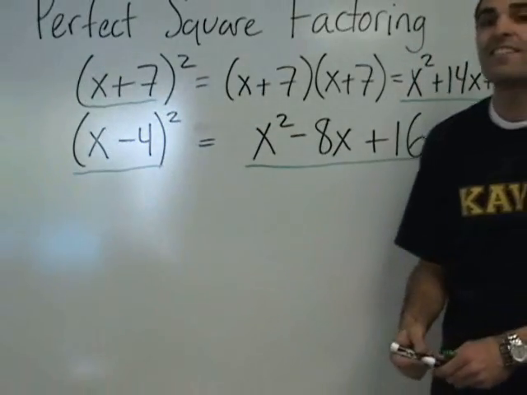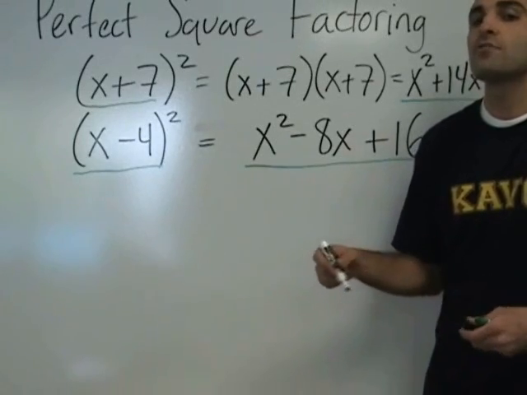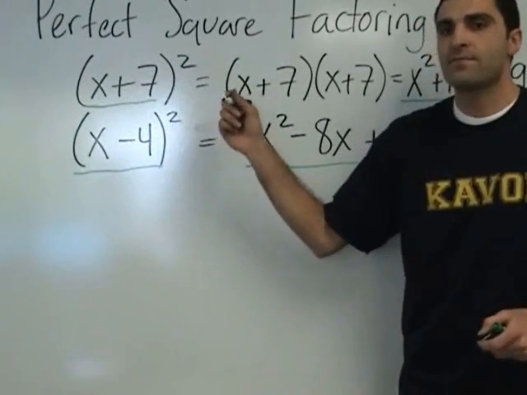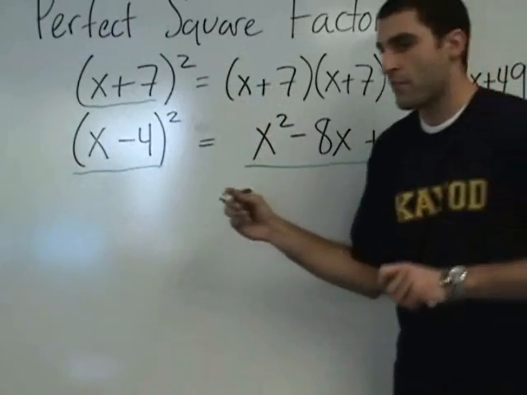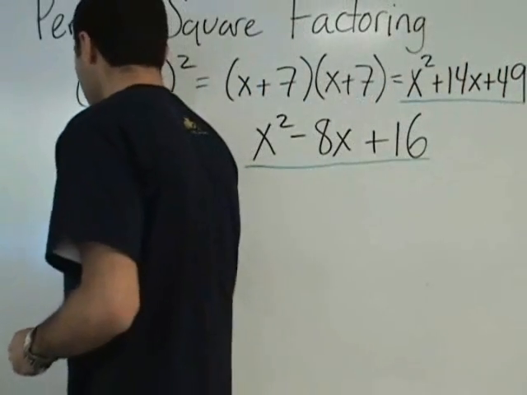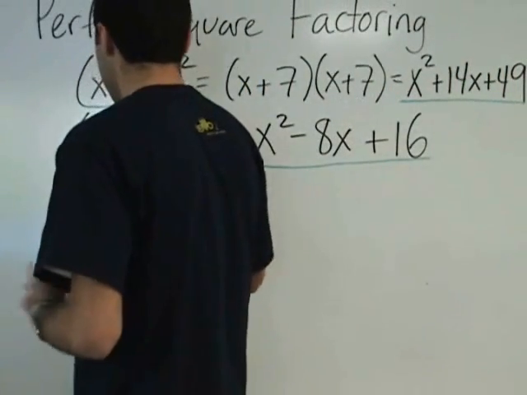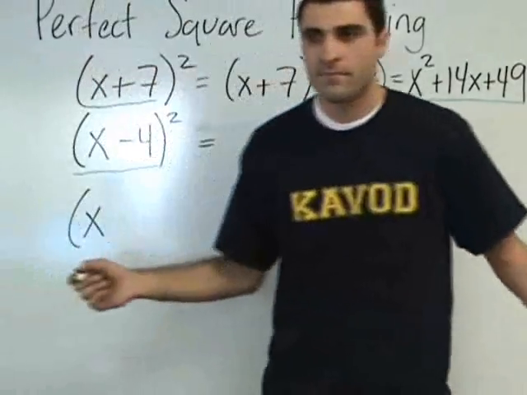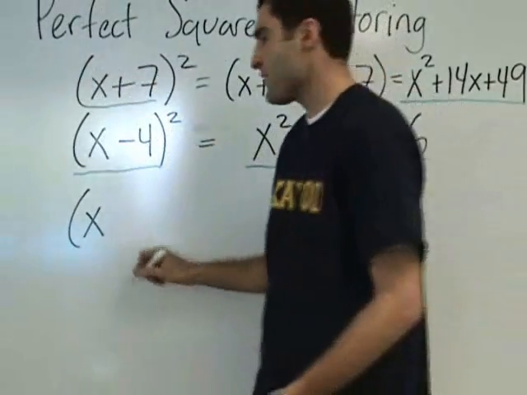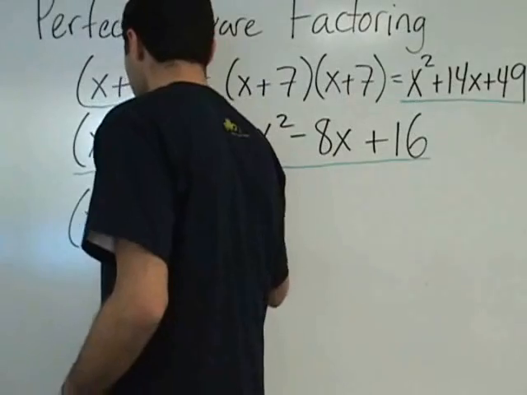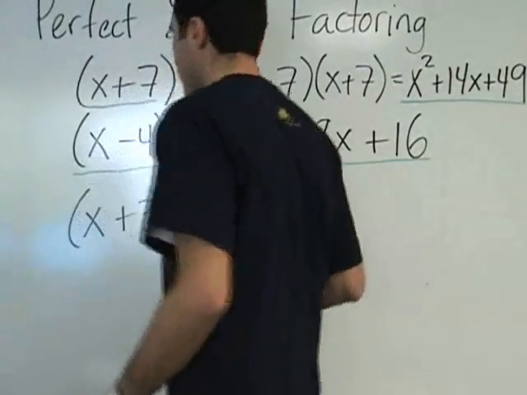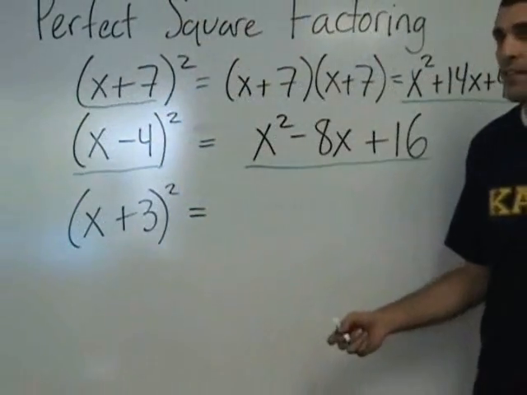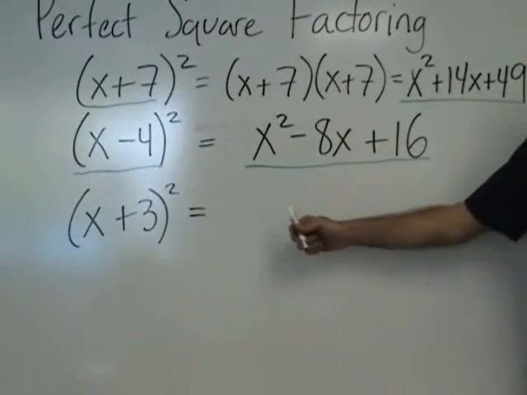Wait, isn't it just 2 times the second number? 2 times the first times the second. Observe. Pick a number. Three is fine. Let's foil this because we're going to go backwards after this problem.